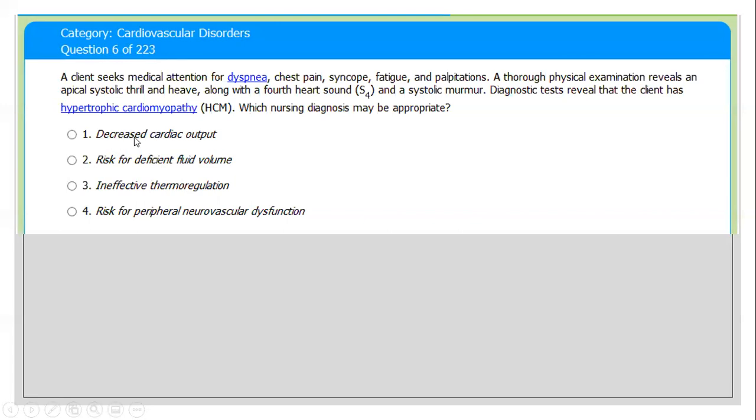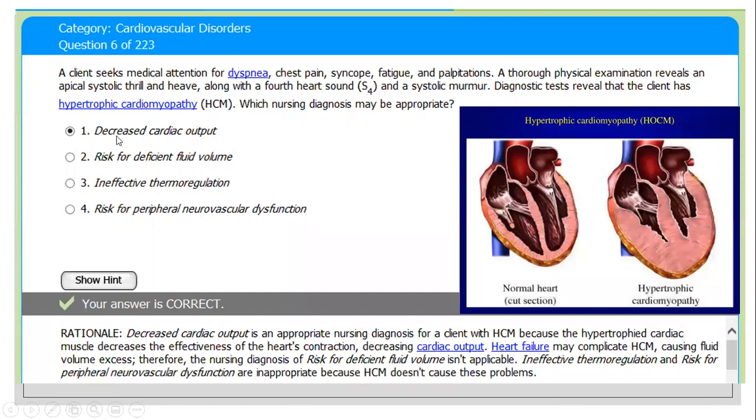Number one, decreased cardiac output. Number two, risk for deficient fluid volume. Number three, ineffective thermoregulation. Number four, risk for peripheral neurovascular dysfunction. The correct answer is decreased cardiac output.